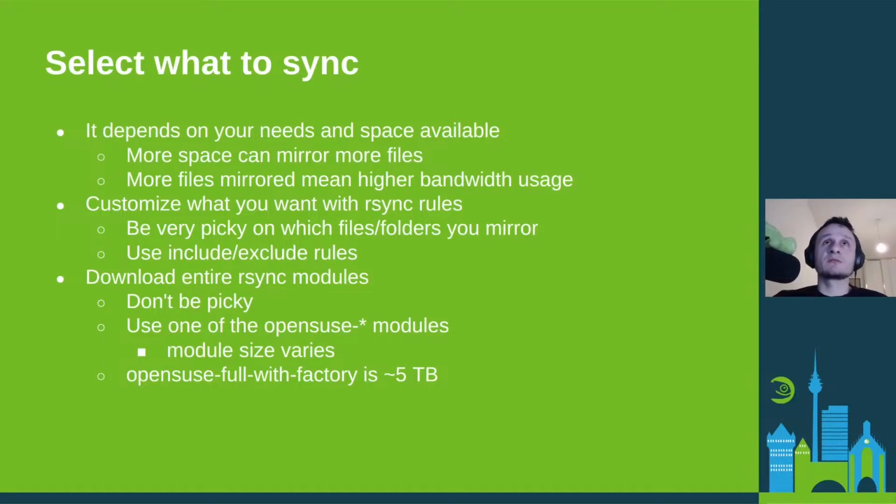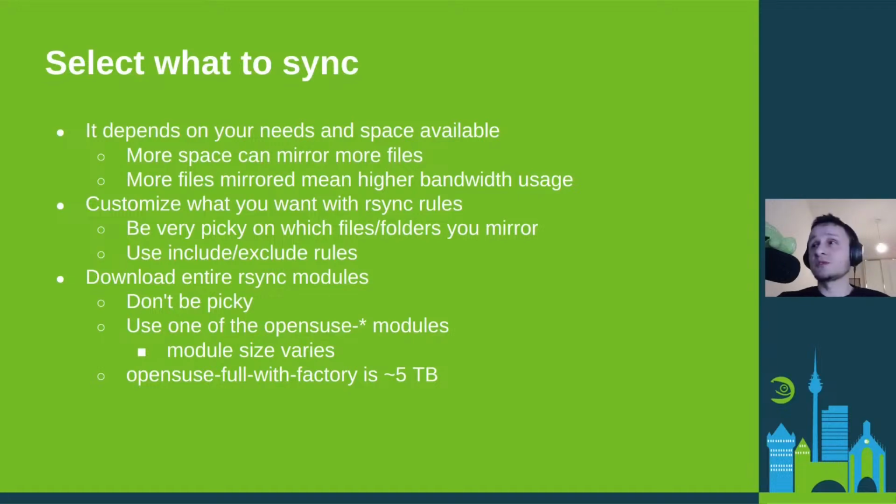So you can select a module and ignore, for example, old openSUSE releases. Like you can create a rule to exclude 15.1, 2, 3, 4 and just keep the latest releases.